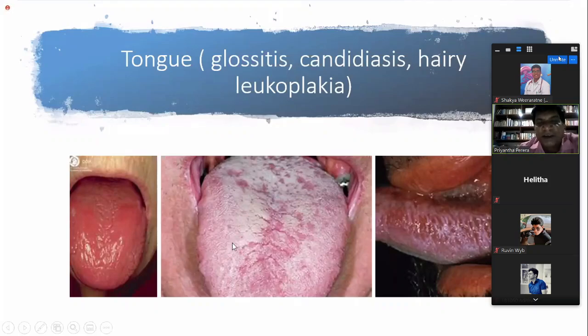And this one, what do you notice on this tongue? On the surface of the tongue, what do you notice? What do you see here? What are these seen on top of the tongue?